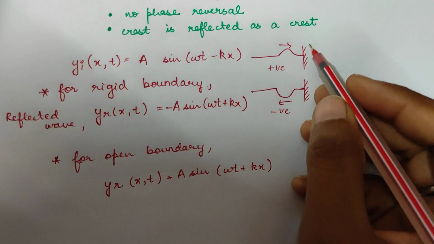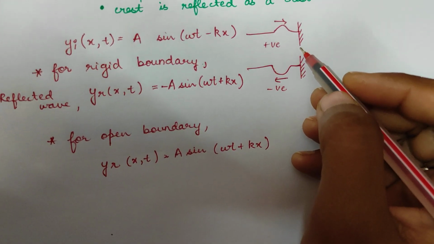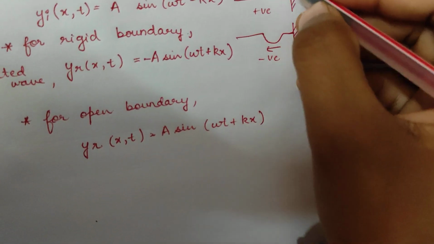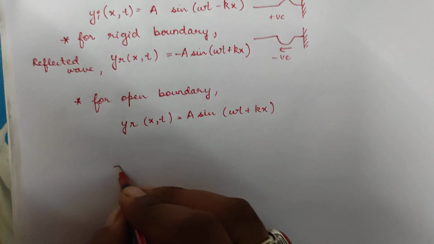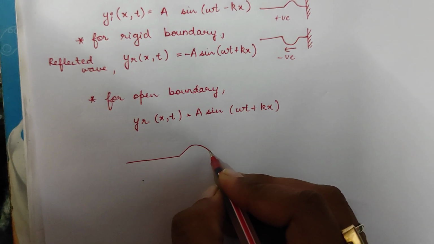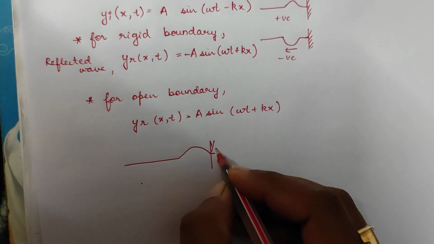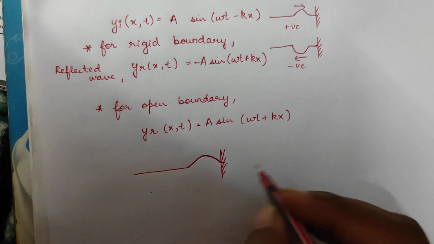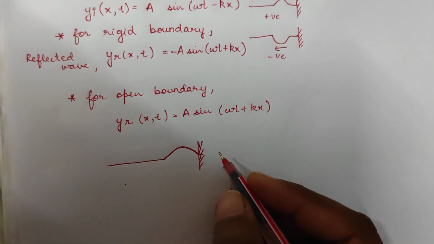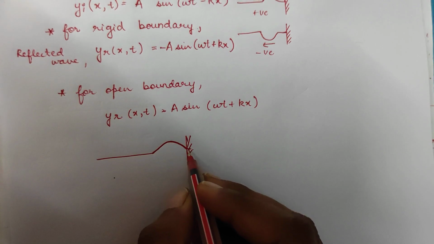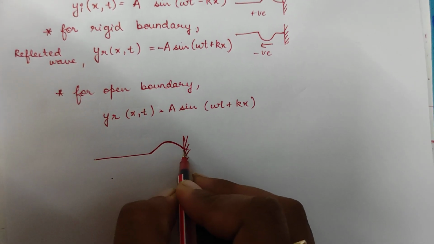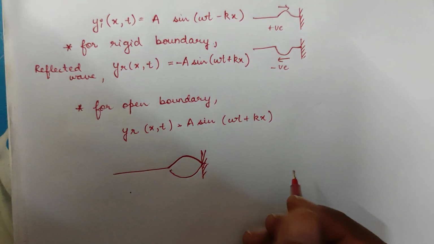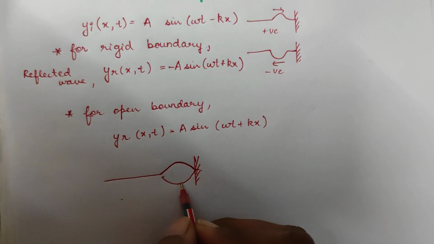Suppose I explain it like this: this is the rigid boundary, and a wave is hitting the wall or the rigid boundary here, and from here only another phase reversal occurs and another wave starts. So this reflected wave starts.